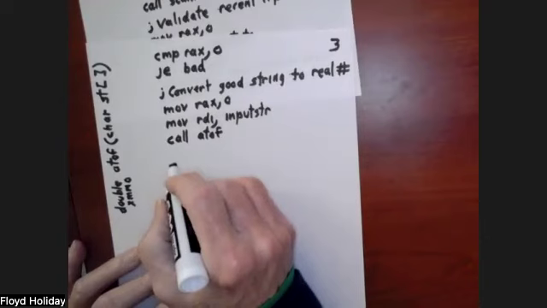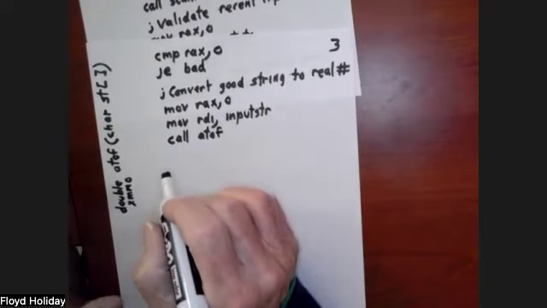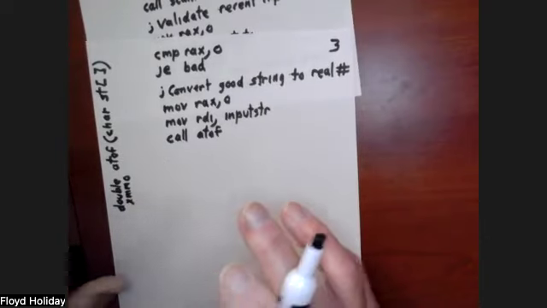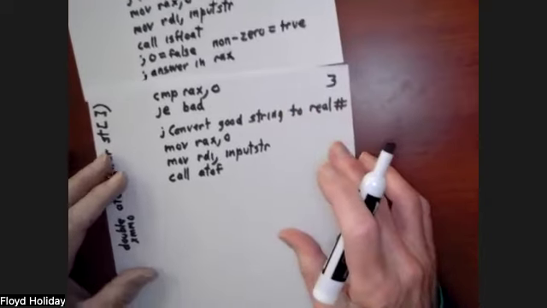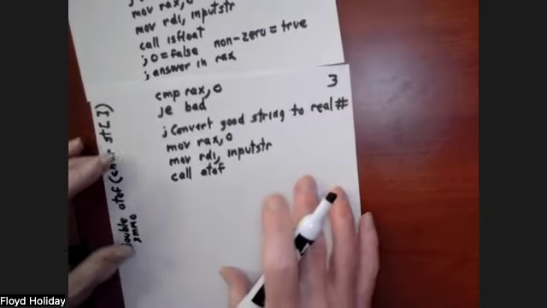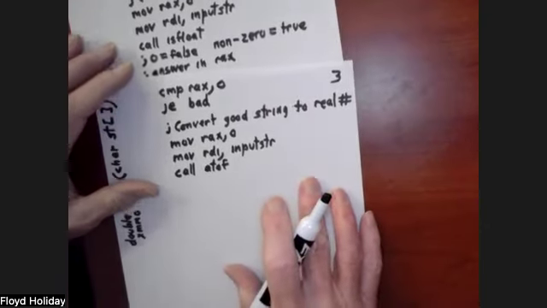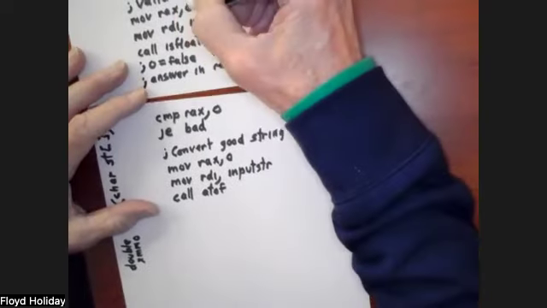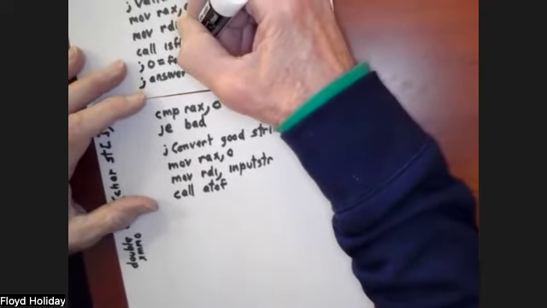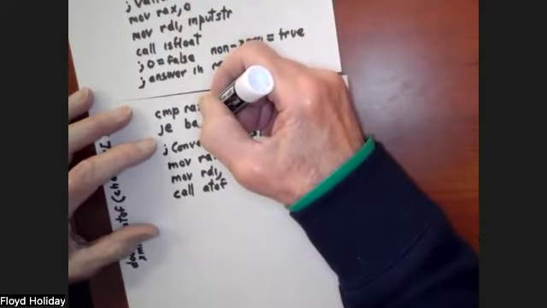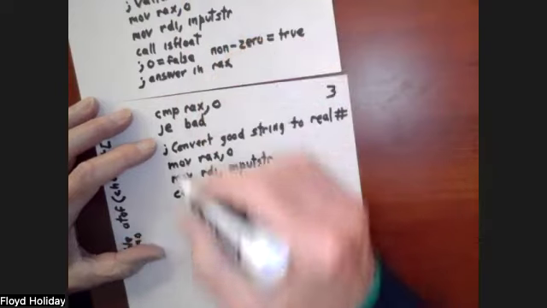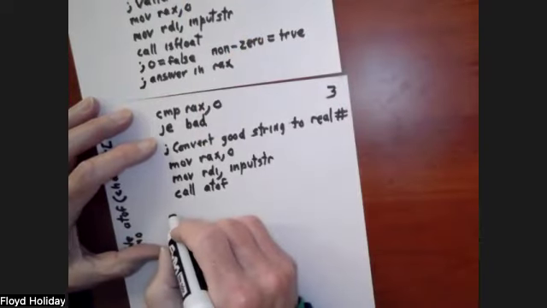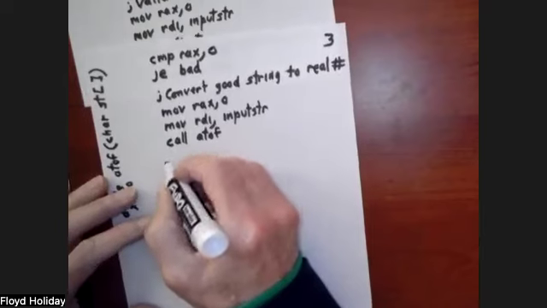Okay, so that completes the objective here, which is to show how to validate for, oh, and no, it's not complete. It doesn't handle what happens if it's a bad one. Okay, it's here, jump to bad. Oh, I don't know that answer. Anybody have an idea?